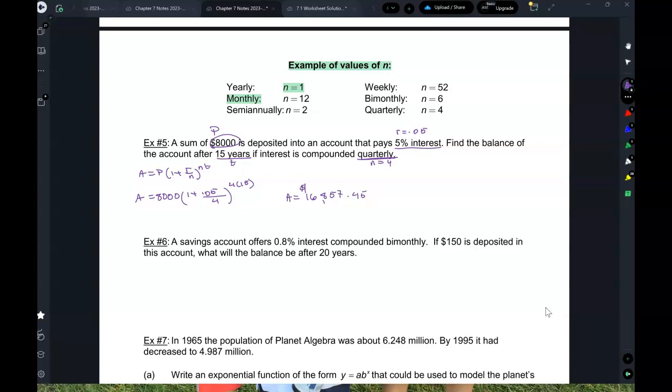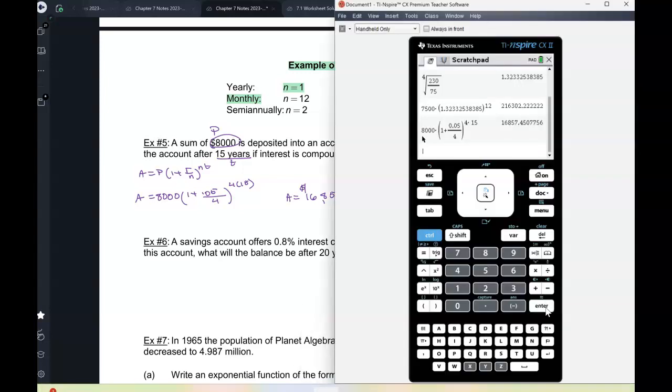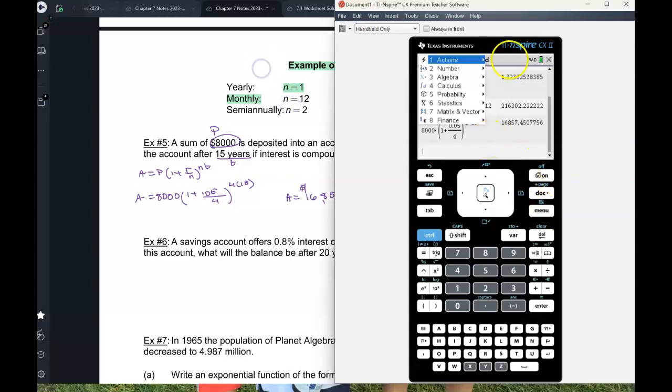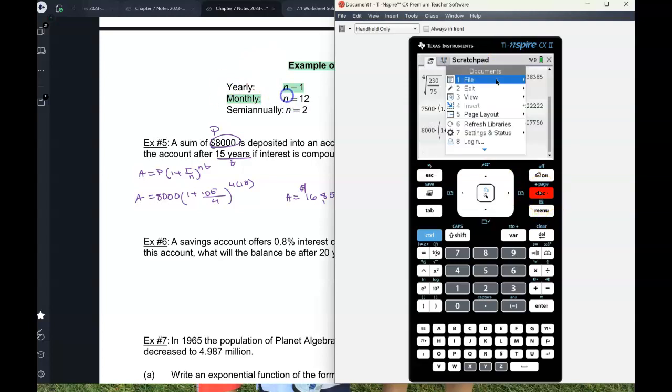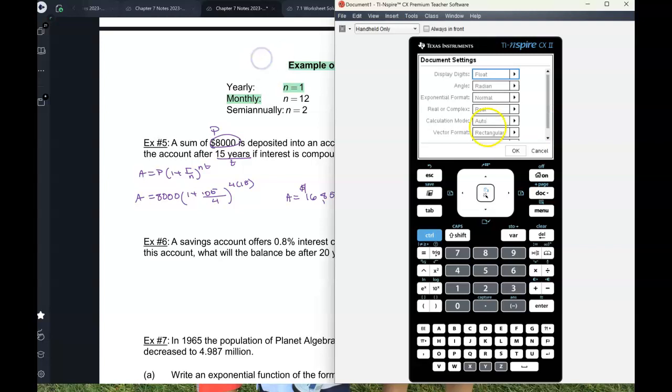My calculator just gave me 0.5. So how do I fix that? Go to menu. I'm sorry, not menu. In the scratch pad, press doc. Go to settings, number 7, document settings.